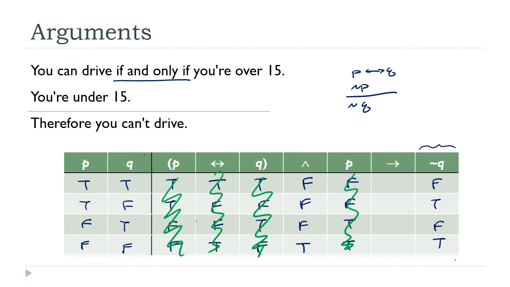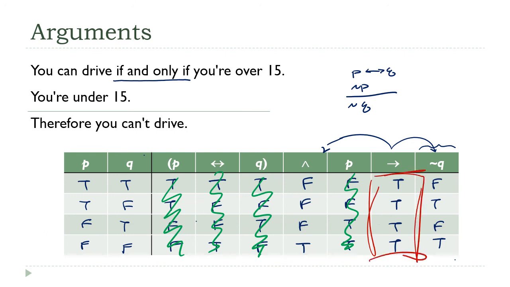I'm going to combine these two into my conclusion. Do I have a T and an F? Well, I don't now. Now I have F's and F's, T's and T's. Everything here is now true. The argument is a tautology, which means in this case, we do have a valid argument.